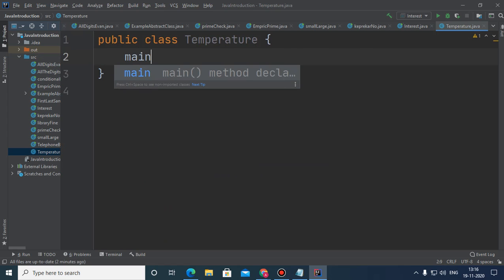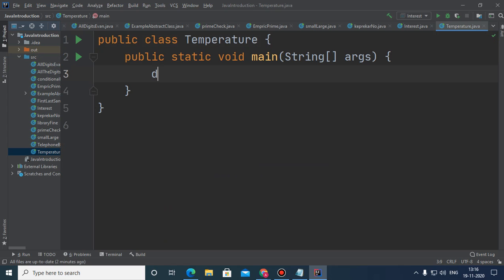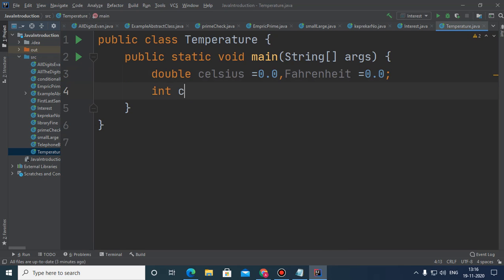It is the main method, and here it is Celsius, it is Fahrenheit, and here one more variable is int choice.